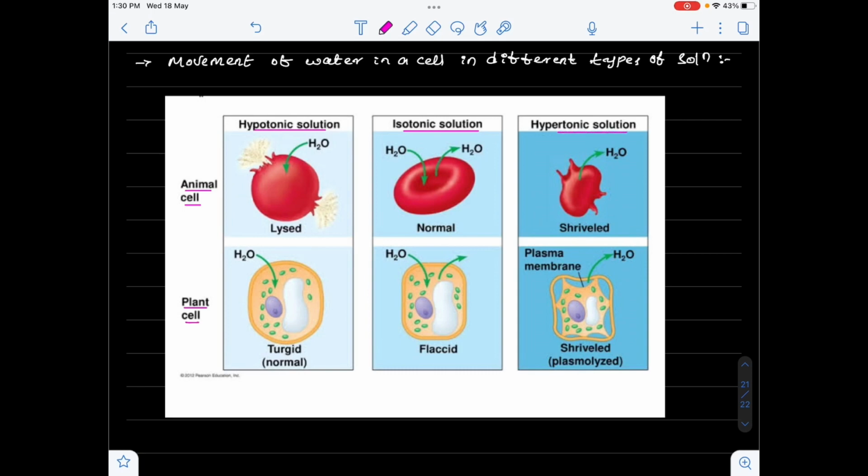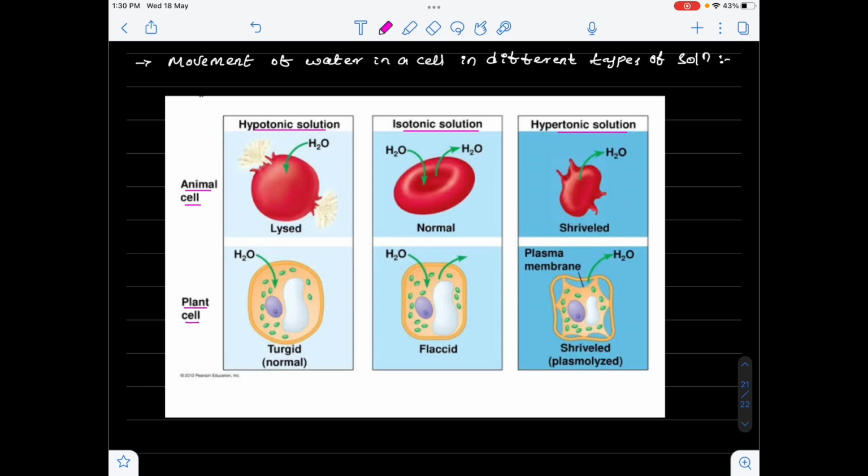And we know that inside both plant and animal cells, the cytoplasm contains different types of components. And when you see these three different types of solutions, in hypotonic solution the solute is less and solvent is more.